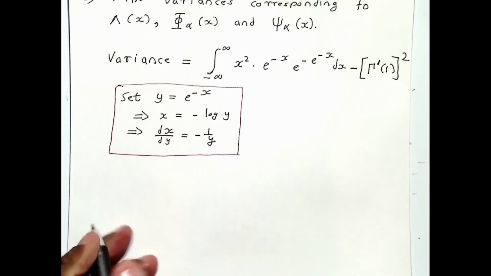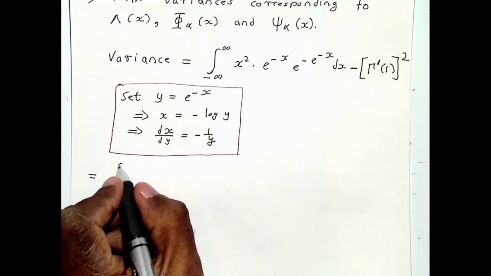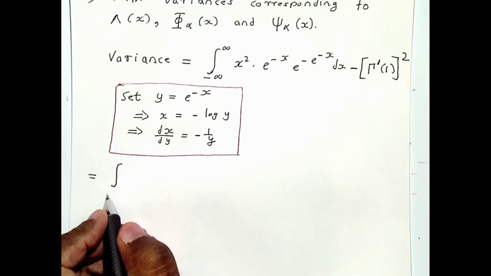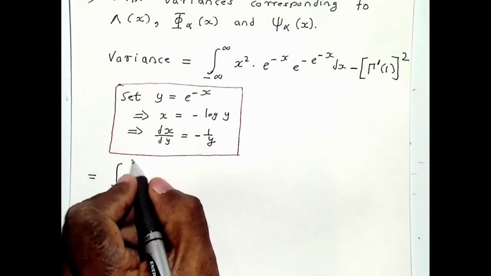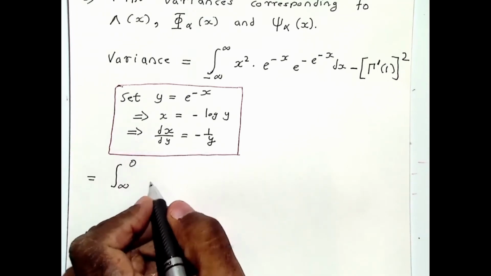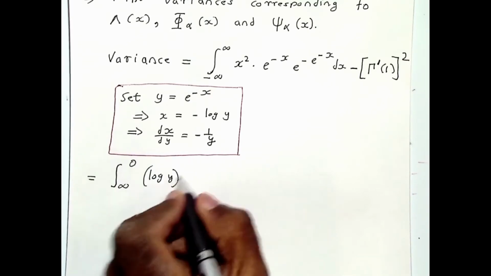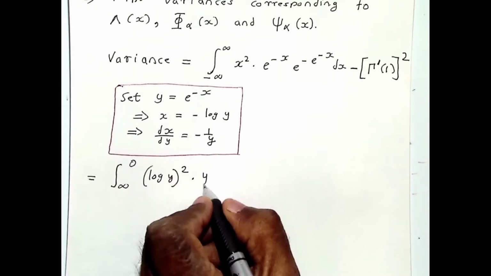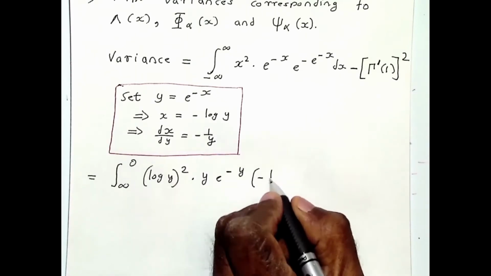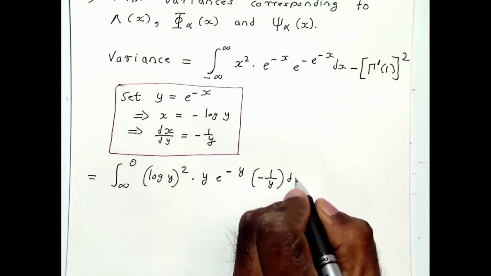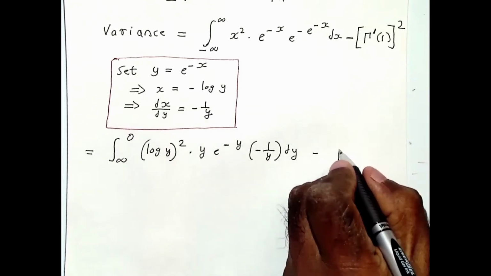So making the substitution, the limits of integration as before will go from infinity to 0. X squared will become log of y squared, and then you have the square of the mean, which is this.